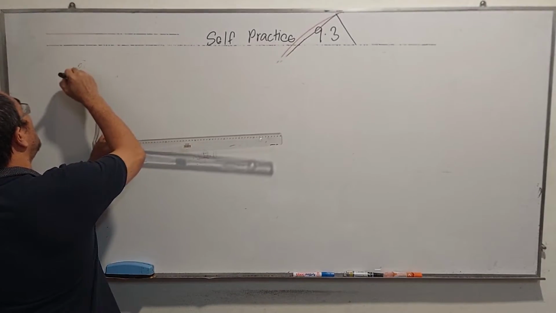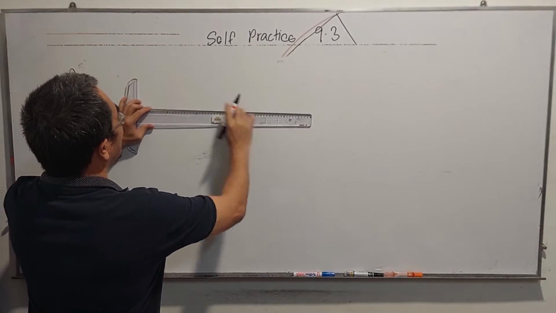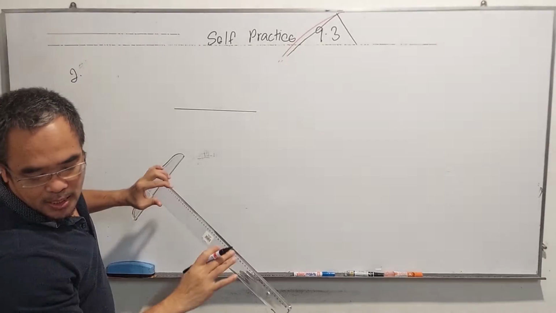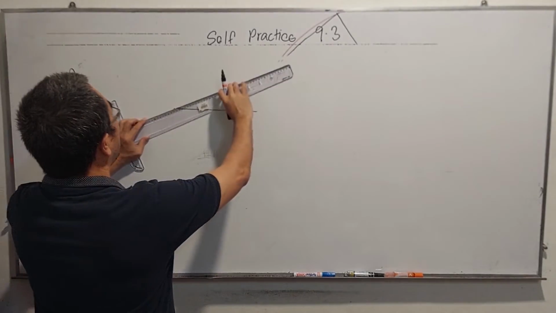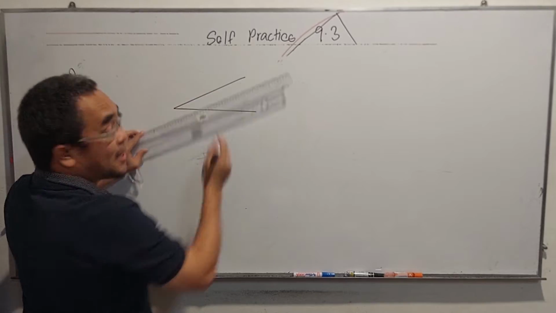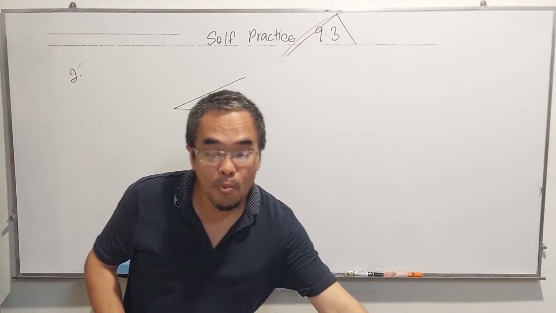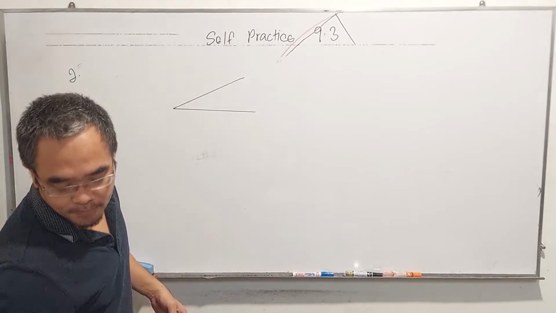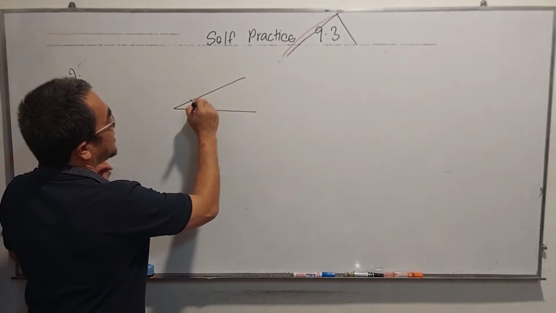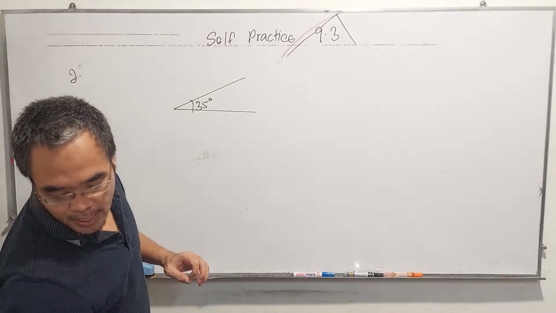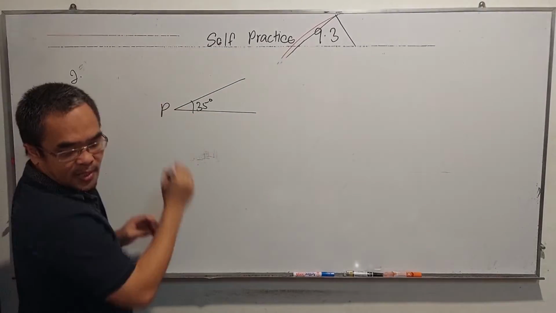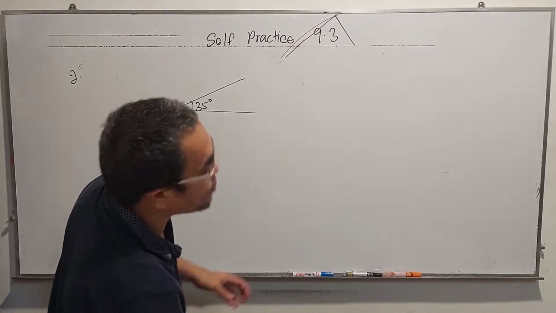So for number 2, I'm going to draw just a small figure, and this is 35 degrees. This is called a sketch. Just now it was a little bit more to drawing. Okay, right, for you to understand, this is 35 degrees, and this is P, and this is 15.5.